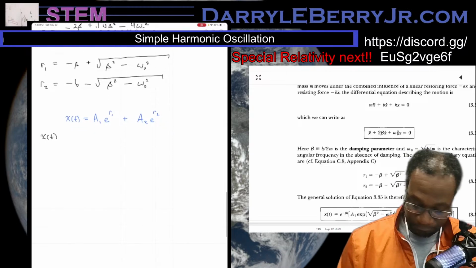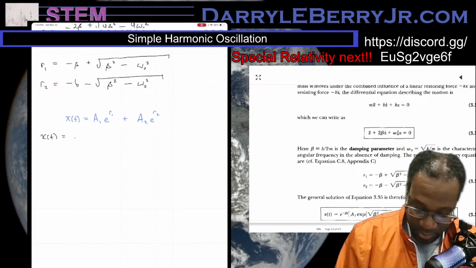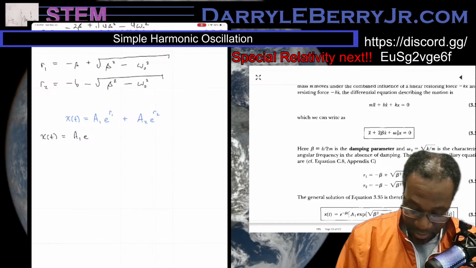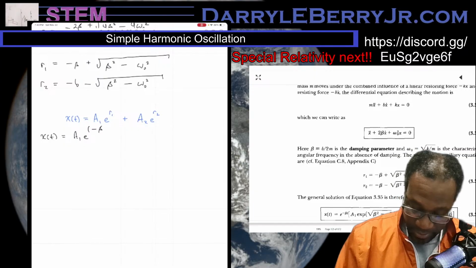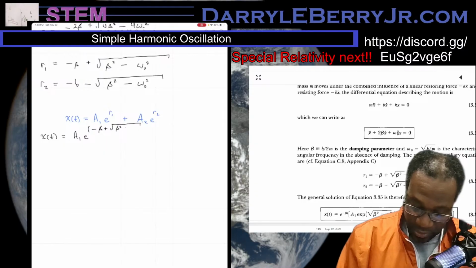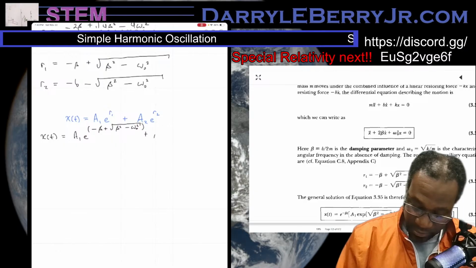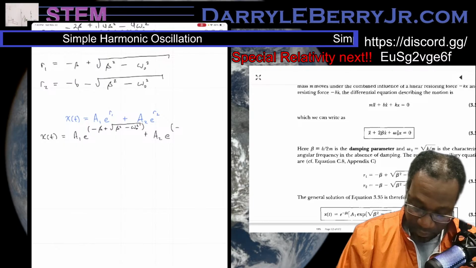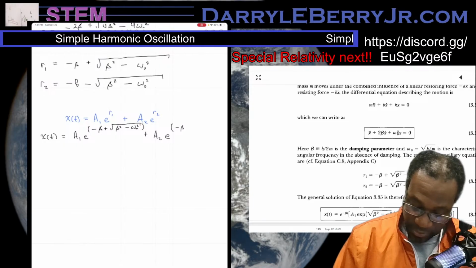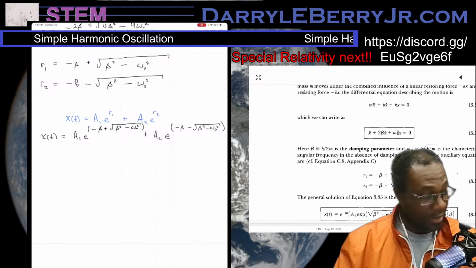Keep that in mind. So x of t then becomes a1 e to the power of, in the numerator, negative beta plus the square root of beta squared minus omega naught squared, times t, plus a2 e to the power of negative beta minus the square root of beta squared minus omega naught squared, times t.